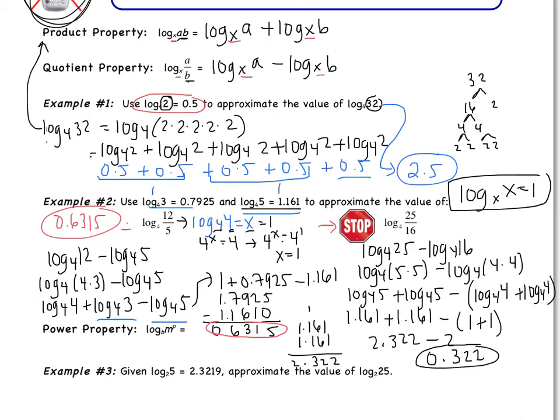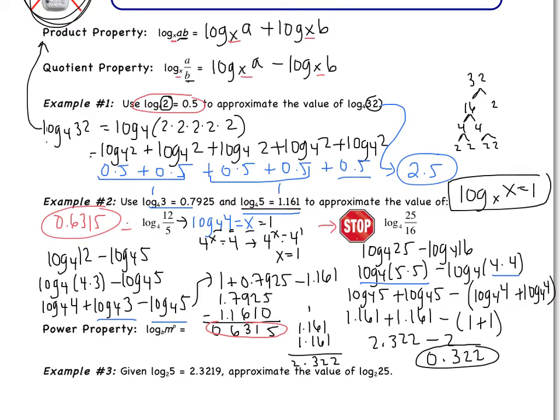My guess is you probably made a mistake somewhere along the way, which is fine. Definitely okay to make mistakes. I actually expect you to make mistakes. Just going through again real quick what I did. 25 is 5 times 5. So this broke down into log base 4 of 5, add log base 4 of 5. 16 is 4 times 4. So that becomes log base 4 of 4, log base 4 of 4.